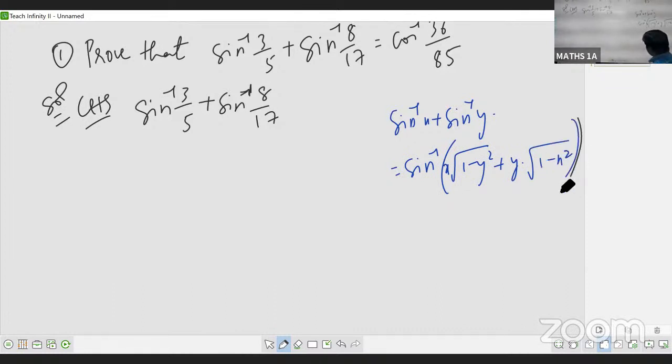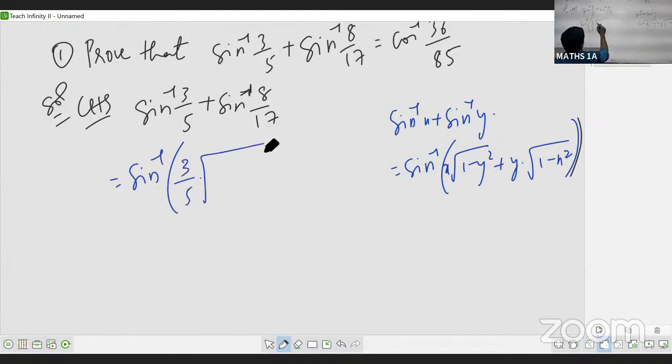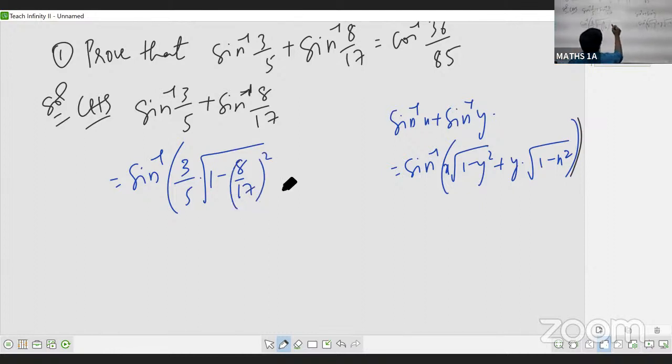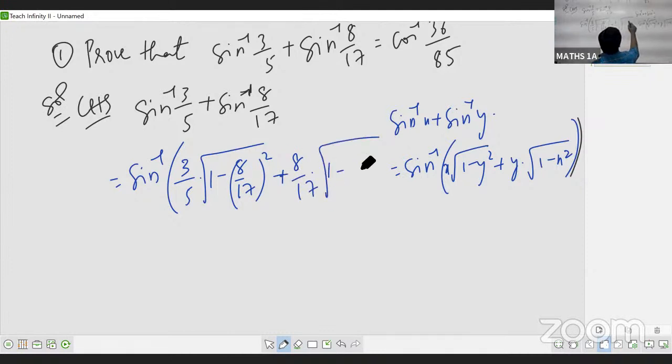So sine inverse of 3 by 5 under root of 1 minus 8 by 17 whole square, plus 8 by 17 into under root of 1 minus 3 by 5 whole square.